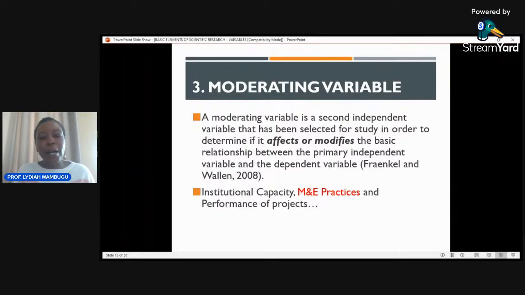And just like the word states, to modify, to pacify, it comes in to modify or to pacify the relationship between IV and DV. Again, remember, we have IV and DV. But you realize in this relationship, there is another variable that is also likely to pacify this relationship.